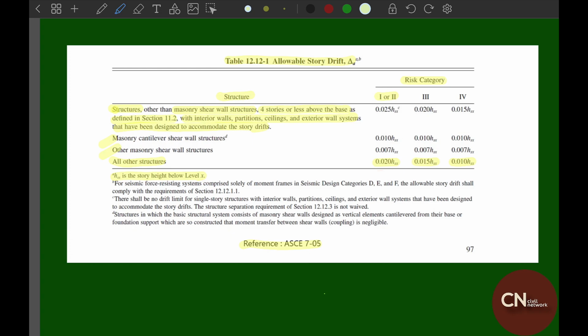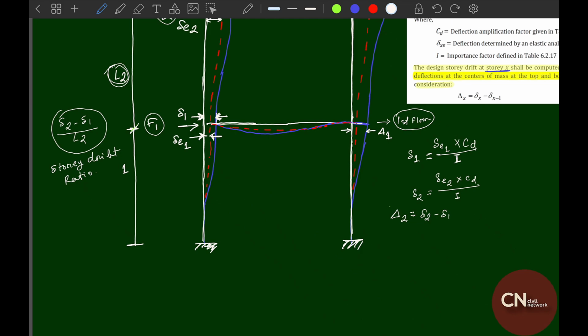As per the code provision, for occupancy category 1 or 2, the allowable story drift would be within 0.02 hsx. That means that the story drift, which is here delta 2 minus delta 1, should be less than 0.02 hsx. Here, if we shift this hsx to this side, there will be left only the value 0.02.